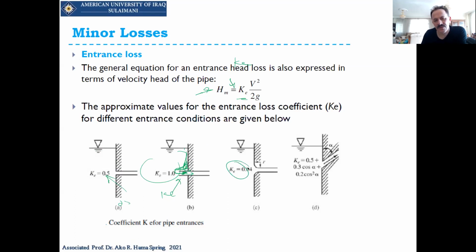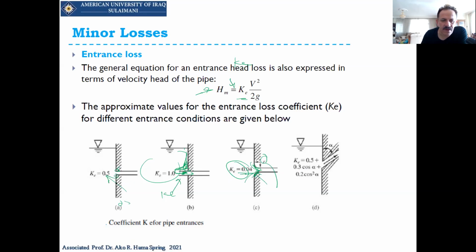The best connection will be like this, rounding or chamfering these angles. It will make the head loss much less than we expected, and it's due to the curvature R that we have here.